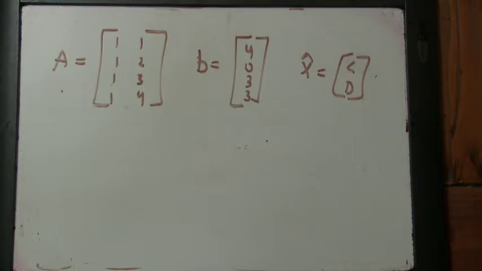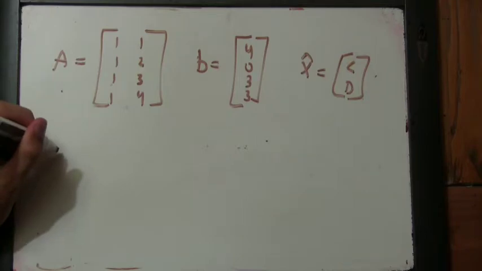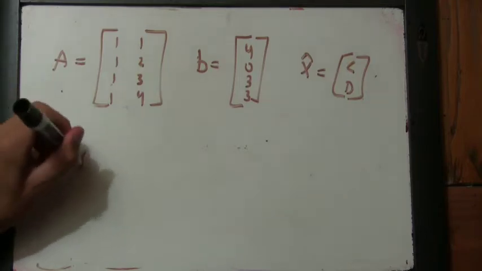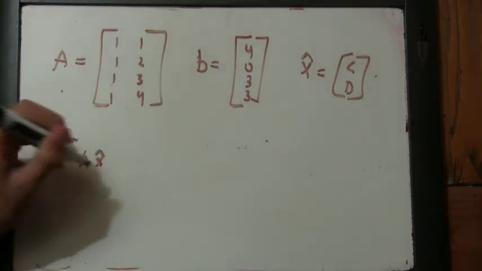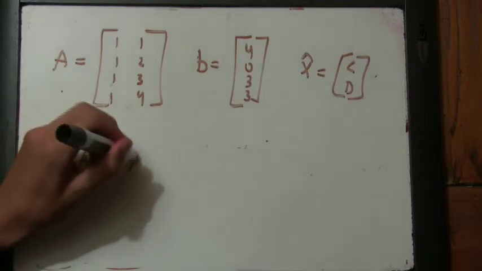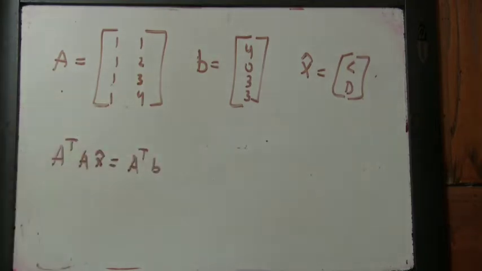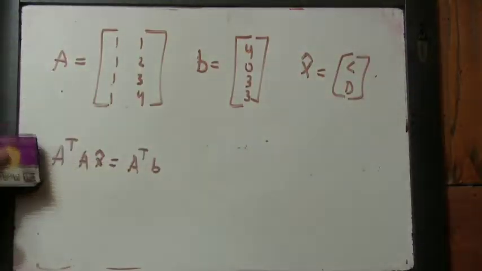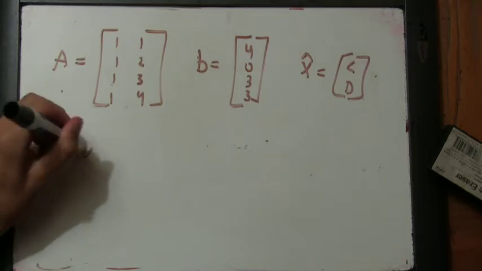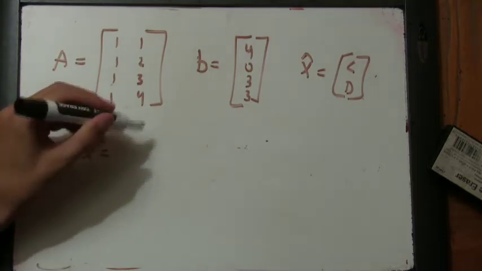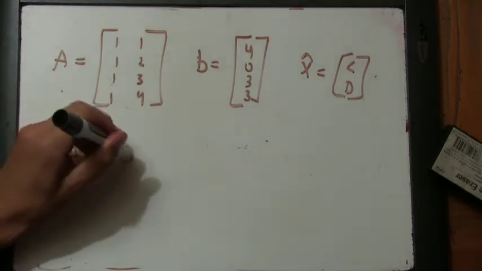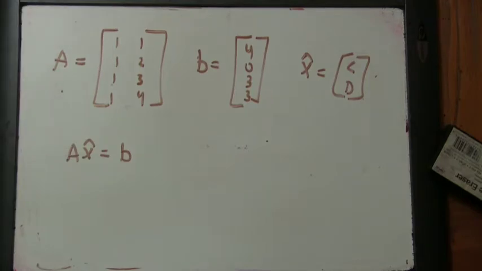Okay, and what is the matrix equation that you're trying to solve here? I think our equation is A transpose A X hat equals A transpose B. Even before that equation, what is the equation you're trying to solve? It's A X hat equals B. That's what our linear equations are saying.